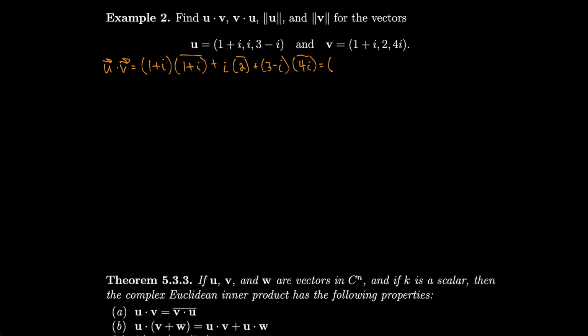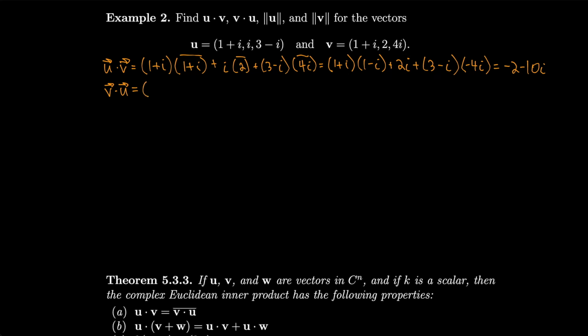So that's 1 plus i, and then 1 plus i bar is just 1 minus i, plus 2i, because 2 bar is just 2, plus 3 minus i times minus 4i. And altogether, when we simplify, we get that that's minus 2 minus 10i. Let's get v dot u now.